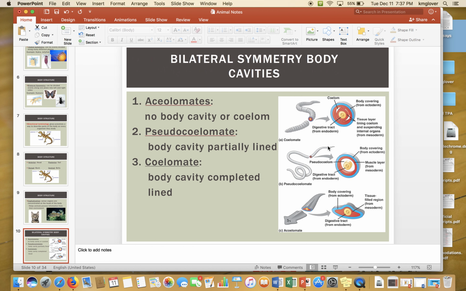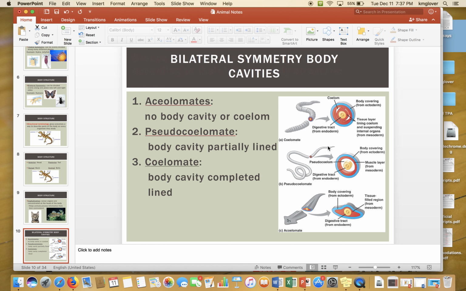Now a couple things that we need to talk about as far as bilateral symmetry are things called coeloms. A coelom is a body cavity, and this just means that you have space for your organs. So some animals are what we call acoelomates. A means not, so they don't have a body cavity.